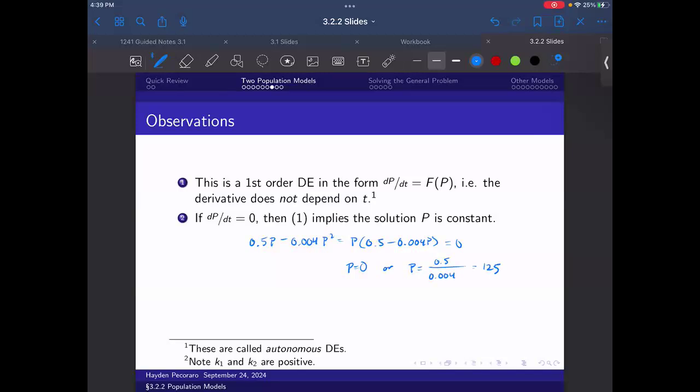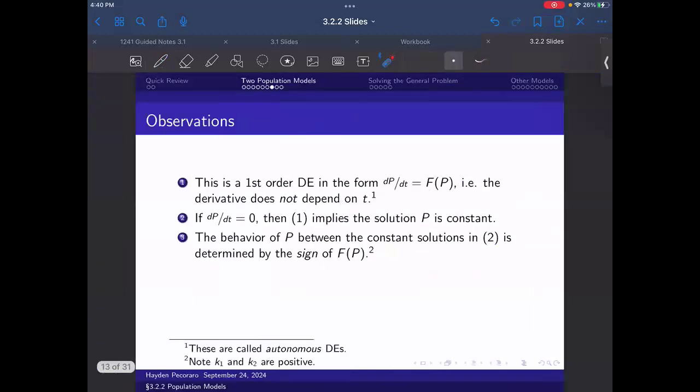So those are the two roots of this function, and they are also places where the derivative is 0 and where the population is constant. So if the population starts there, it never changes. This makes sense. This is a steady state, an equilibrium solution.